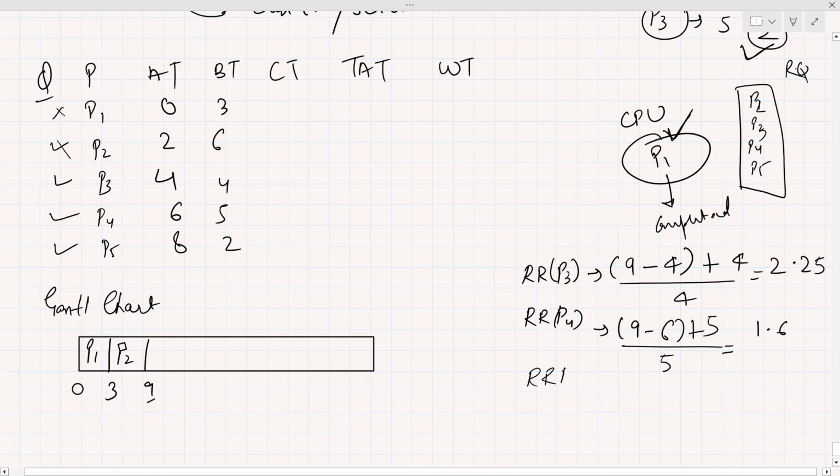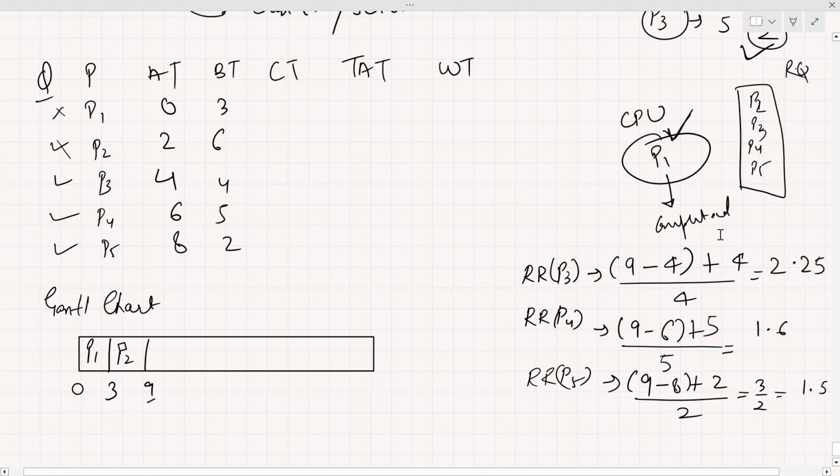Now for P5, the response ratio is the completion time 9 minus the arrival time 8 plus the burst time 2, divided by 2. So 1 plus 2 is 3, 3 by 2 means 1.5.